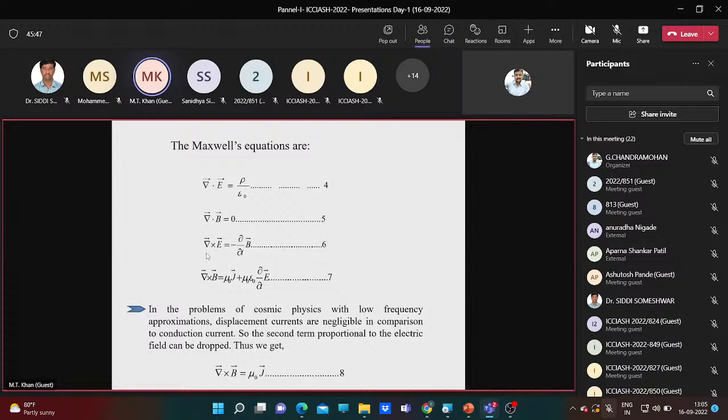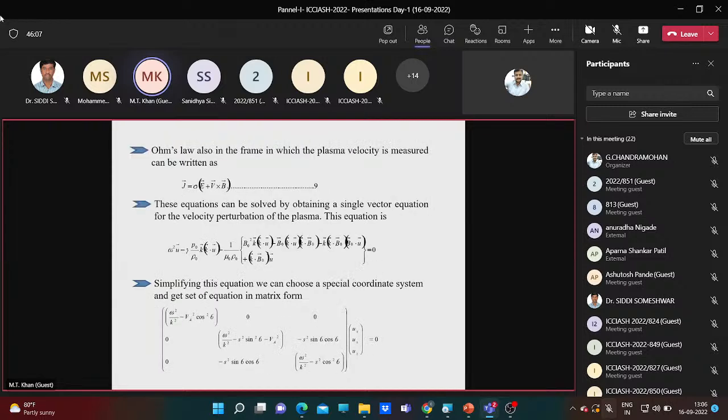And these are the Maxwell equations involved in this work. The first equation shows Gauss's law of electrostatics, the second equation shows Gauss's law of magnetism, equation 6 represents Faraday's law of electromagnetic induction, and finally Ampere's law.